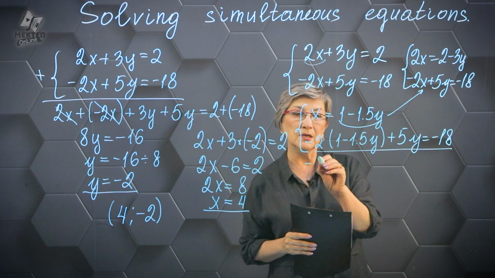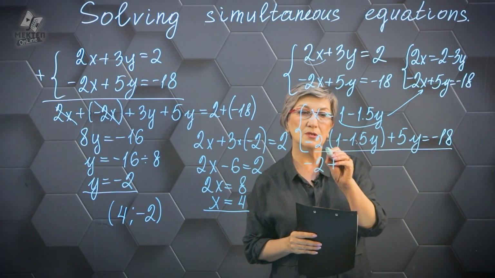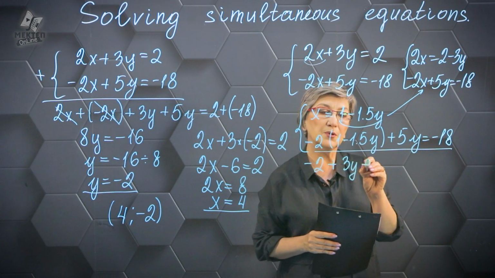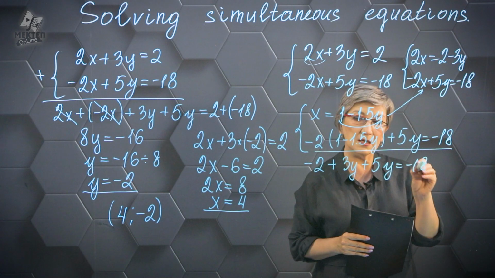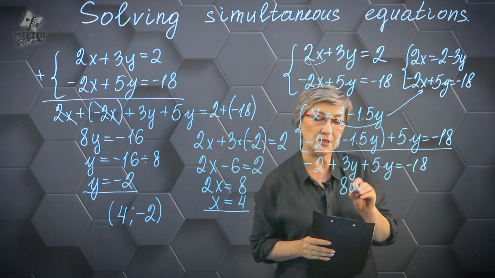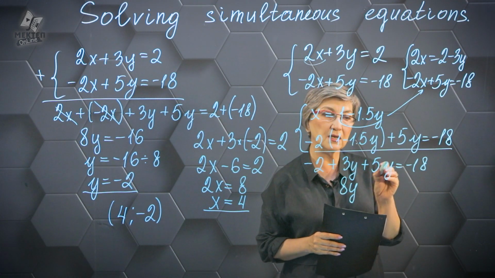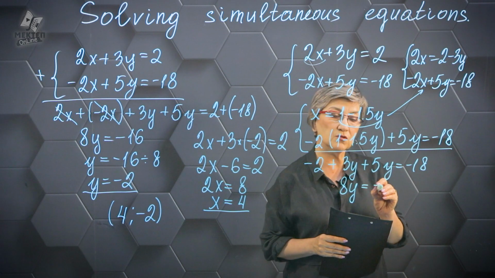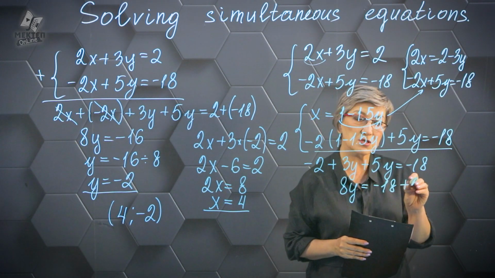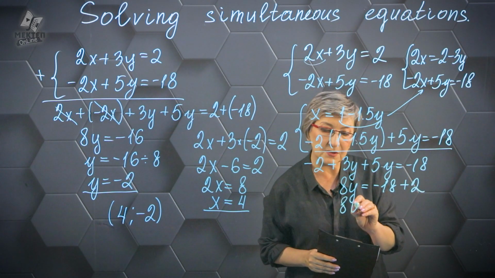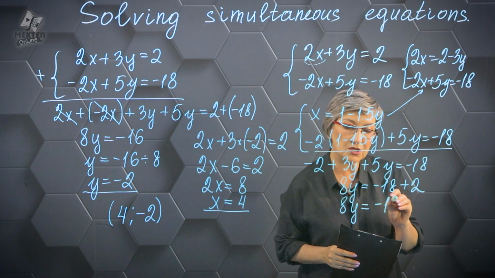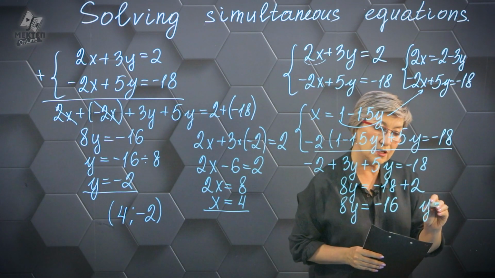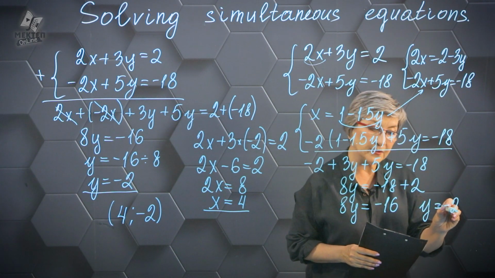The result is minus 2 plus 3y, plus 5y equals minus 18. And then 3y plus 5y equals 8y. 8y equals minus 18 plus 2. And then 8y equals minus 16. And we can see that y equals minus 2.